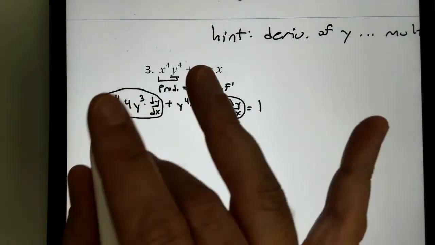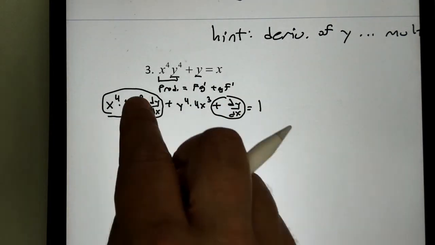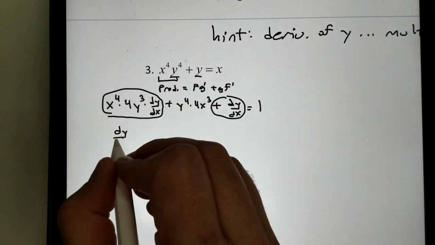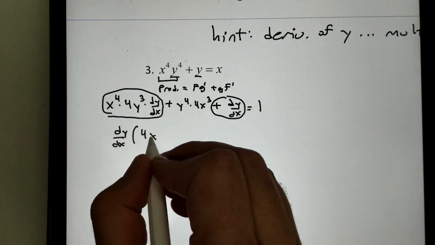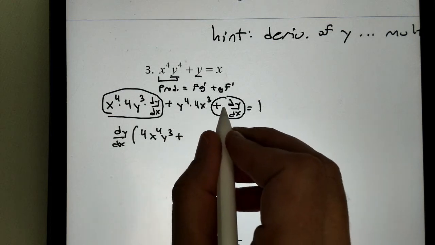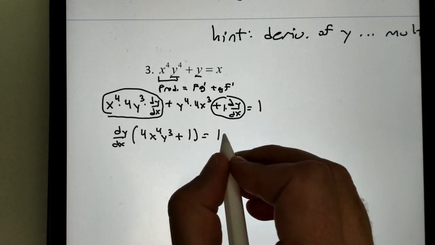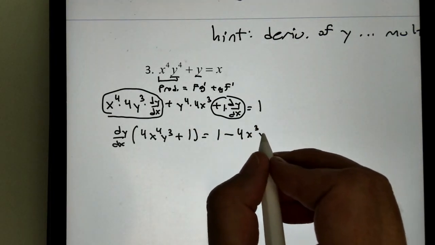Now, I can shorten this a lot. Notice I have two terms with a dy/dx. I know I'm going to factor that out. So I can go and do that. And this just becomes 4x to the fourth y cubed plus, be careful, there is a 1 in front of there, so plus 1 equals 1 minus, I'm going to bring all this over, 4x cubed y to the fourth.